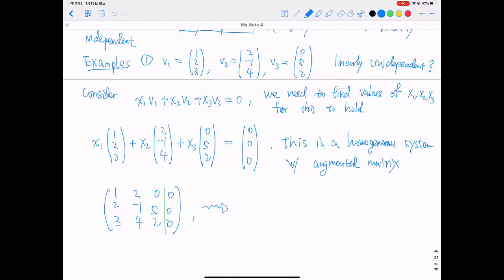Let me omit the process and get right to the answer. As you recall, the way to solve the system is to perform row operations to get the matrix into reduced echelon form. And that reduced echelon form reads as follows.